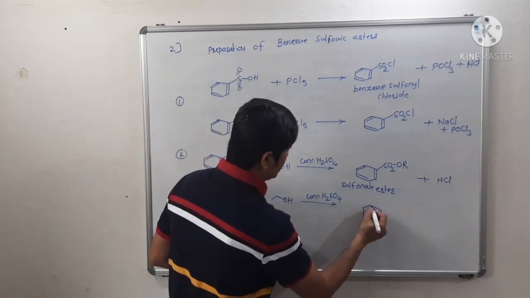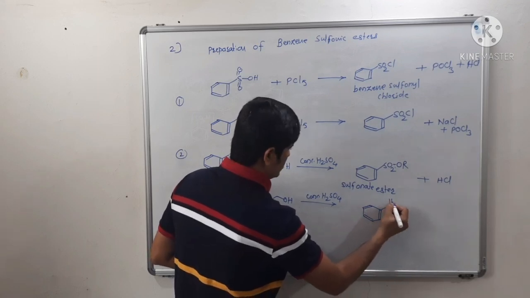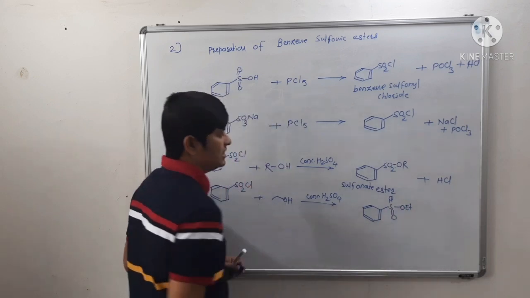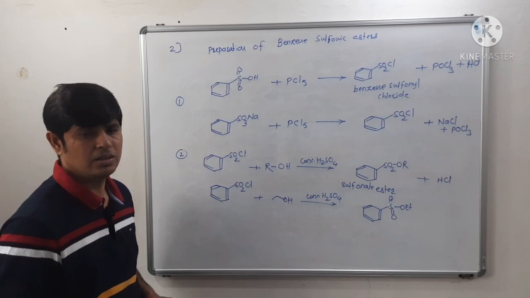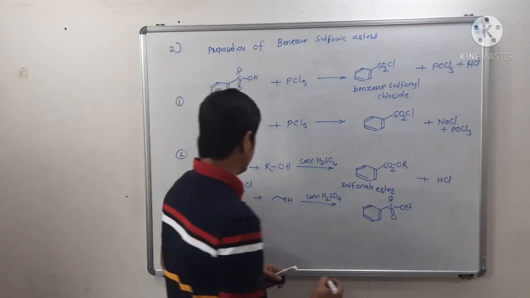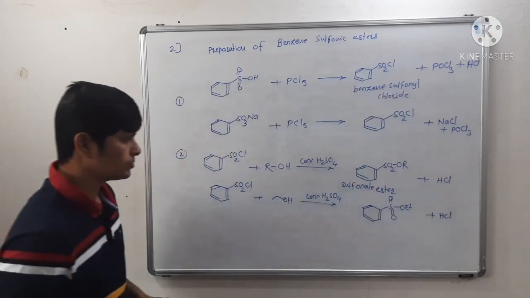See, we will get the ethyl ester of benzene sulfonic acid. Ethyl ester of what? Benzene sulfonic acid, and the byproduct will be hydrochloric acid.